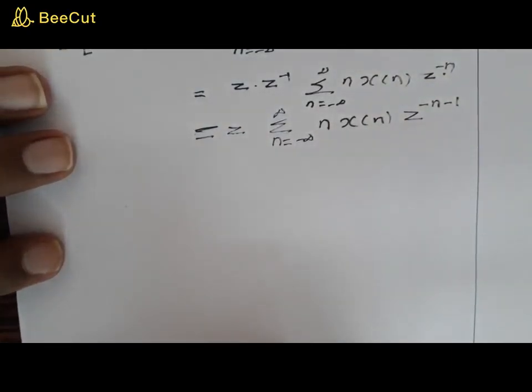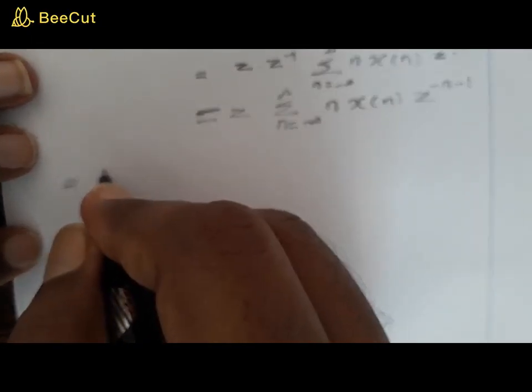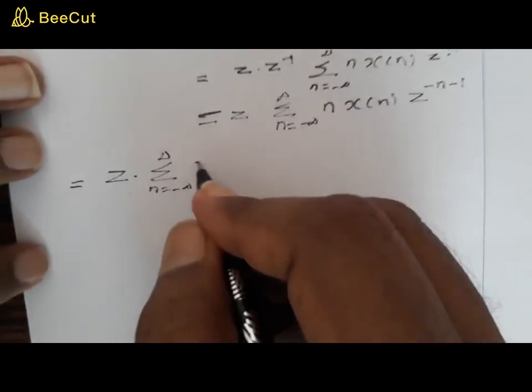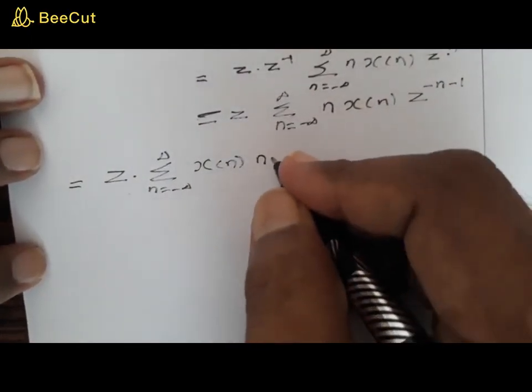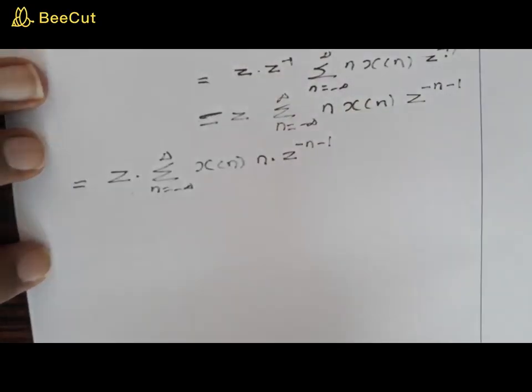The next line is z into the sum from n equals minus infinity to plus infinity of x of n into n times z raised to minus n minus 1.